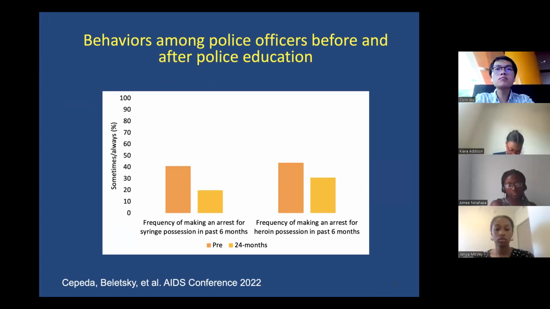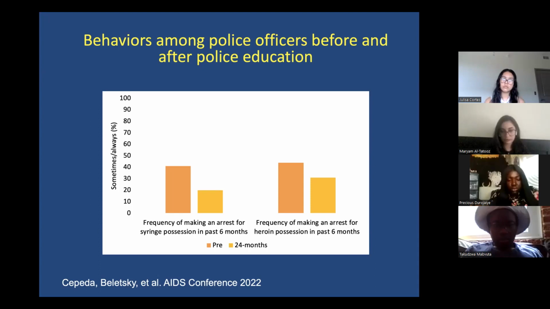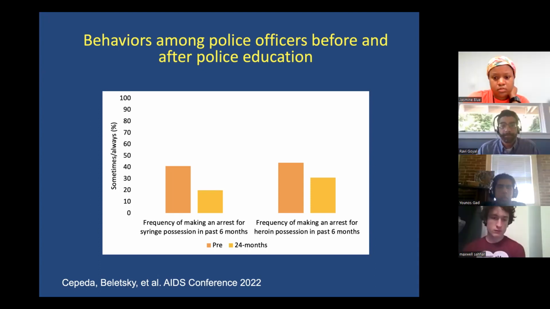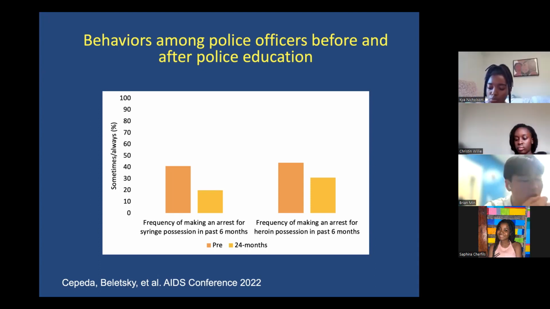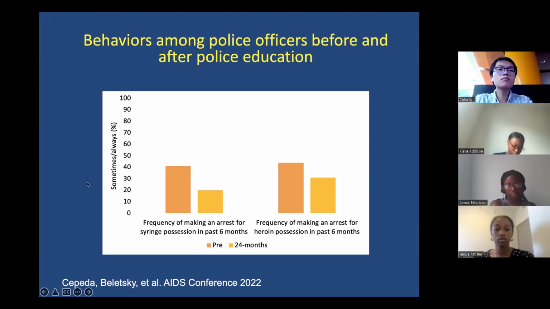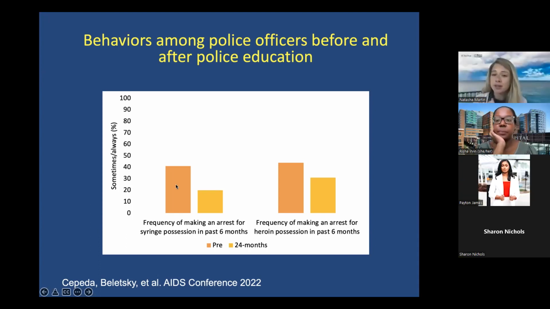And before the training, the yellow bars show you 2 years after the training. We still saw a reduction in the police reported arrests for these things, and these were significant differences. So the police are reporting reductions in arrests for syringe and heroin possession.